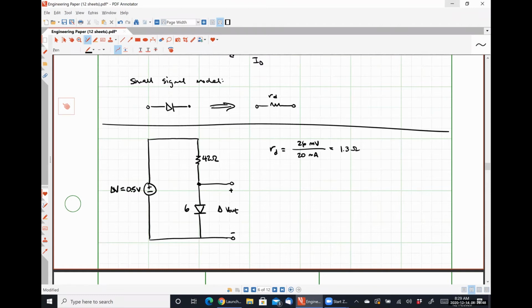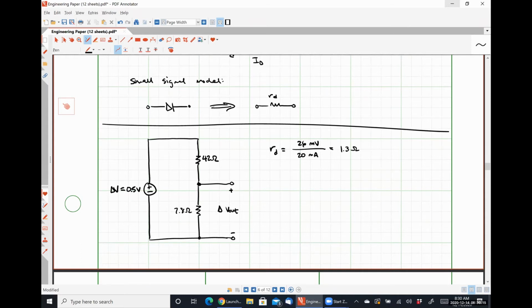And so I'm going to replace my diodes with 6 1.3 ohm resistors in series. Six times 1.3, 7.8 ohms.